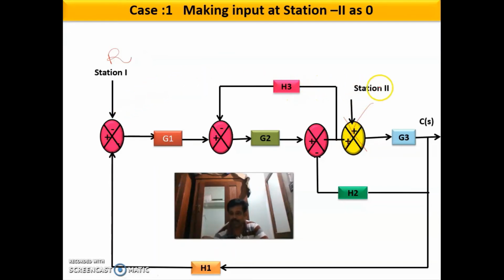So we are making this input at station 2 as 0. And since this input is 0, we can remove this summing point. So this summing point we are going to remove.